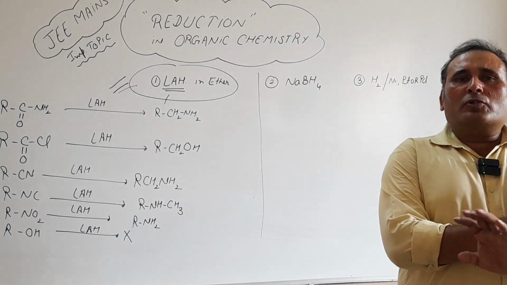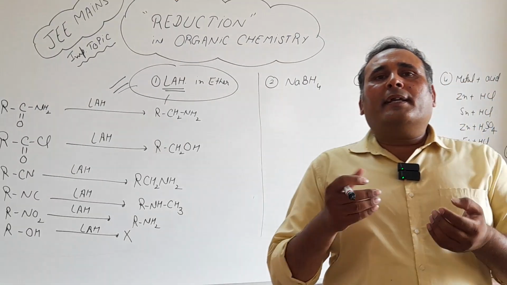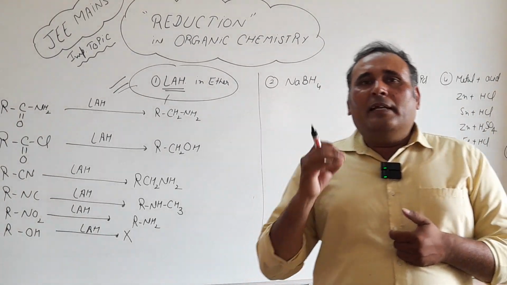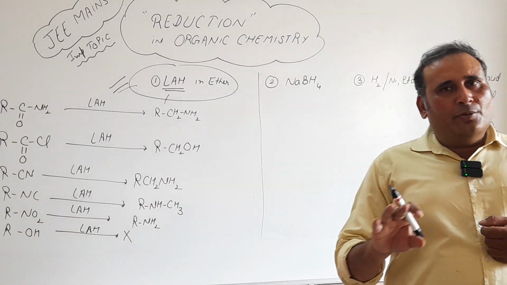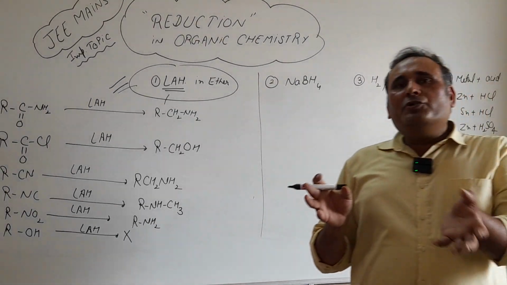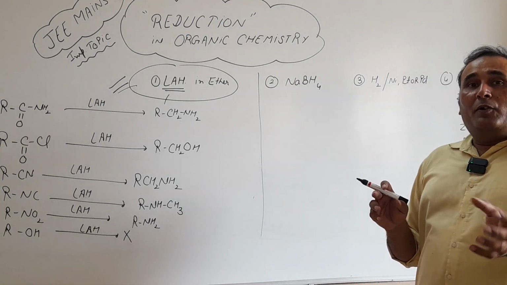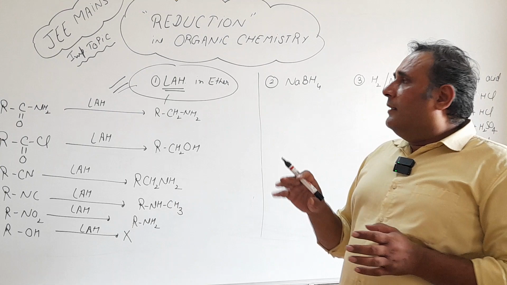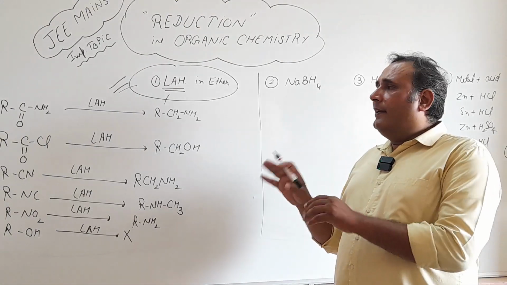It reduces almost all functional groups, but there are some points we have to remember. The first point is that lithium aluminum hydride does not reduce a double bond unless the double bond is in conjugation with a benzene ring, or phenyl ring. If the double bond is in conjugation with a phenyl ring, then lithium aluminum hydride reduces it.